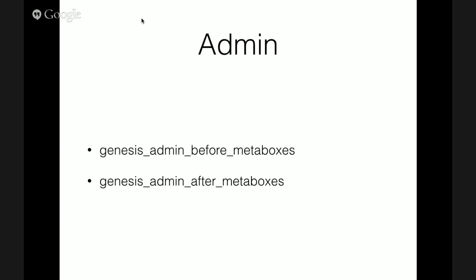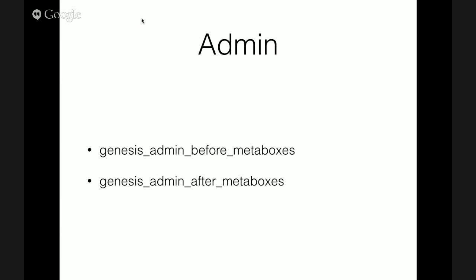Then there's also a couple of admin hooks. A lot of people talk about Genesis and all the front end hooks, and actually my visual plugin only displays the front end hooks as well. But there's actually a bunch, and these are just two that I've used in the past that are available within Genesis for the back end.